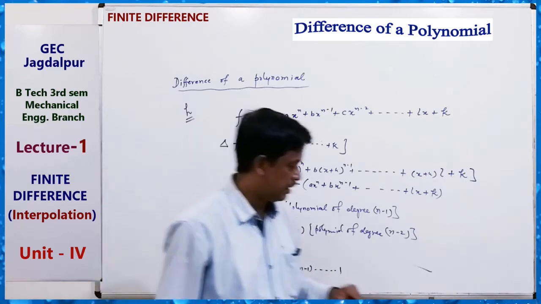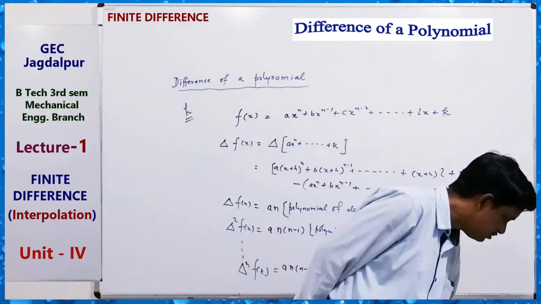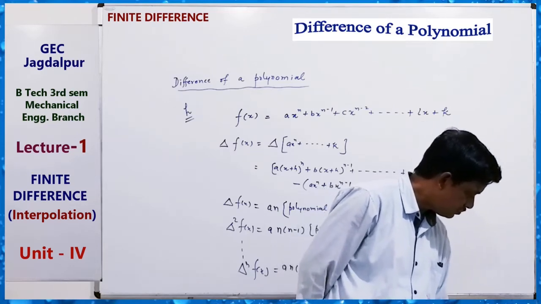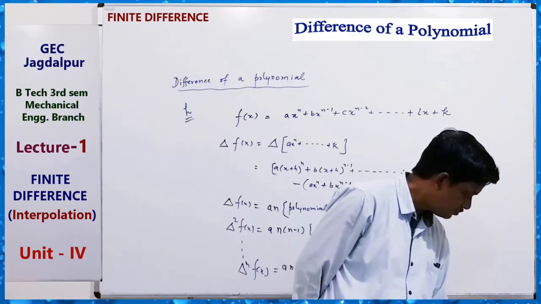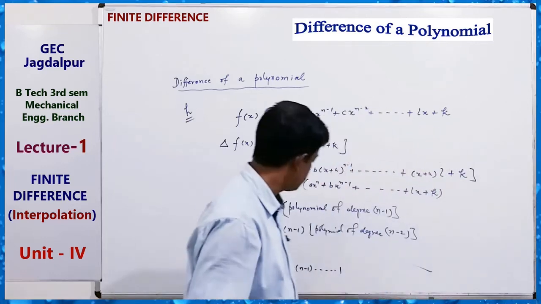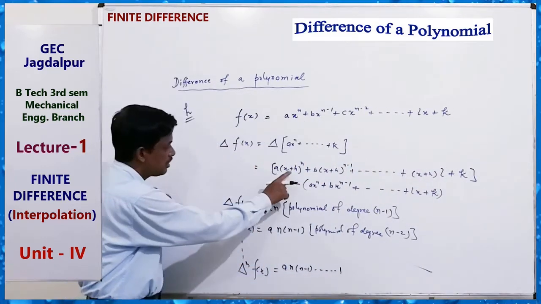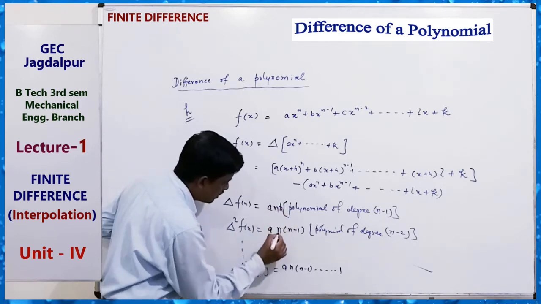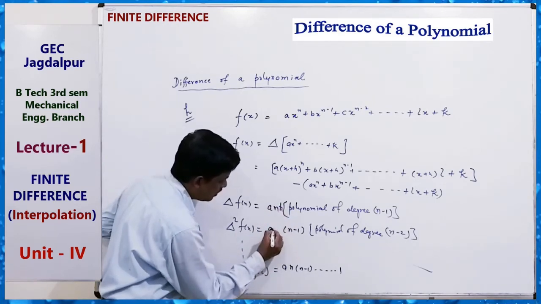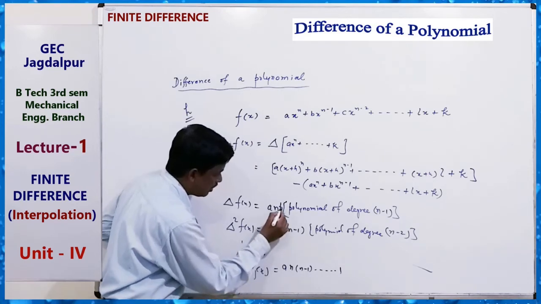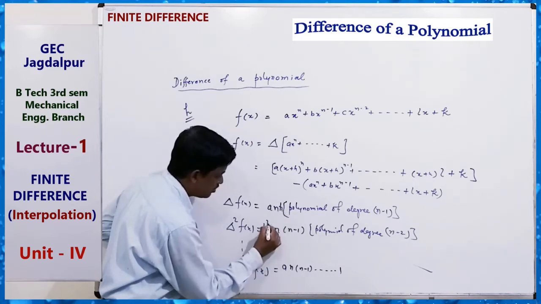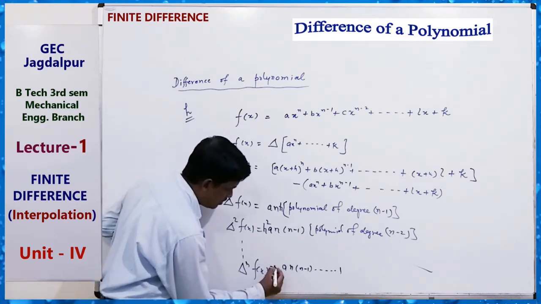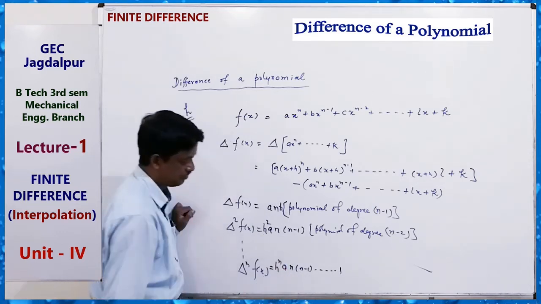Okay, and also here h will be here also. So a n and h: a n 1 time h, 2 times h square, and here n times h to the power n.